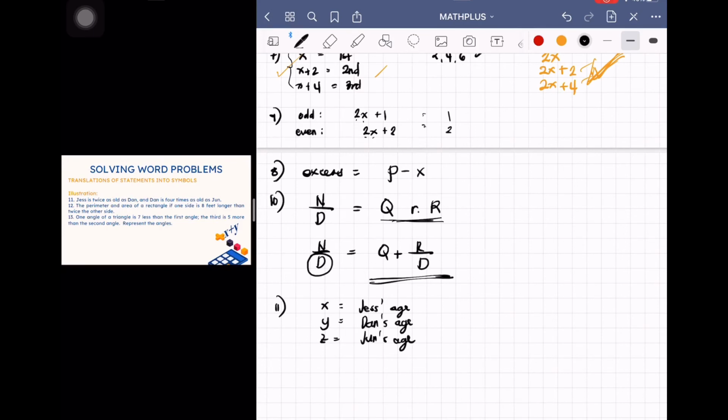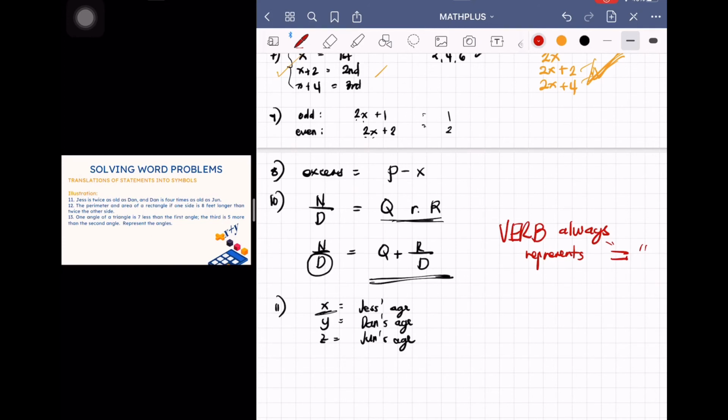According here, si Jess daw, which is X, Jess is twice as old as Dan. You have to remember that in translations of statements into symbols, the verb always represents an equal sign. Okay, the verb. So that's your be verb, your is, or kung ano mang verb ang babanggitin.